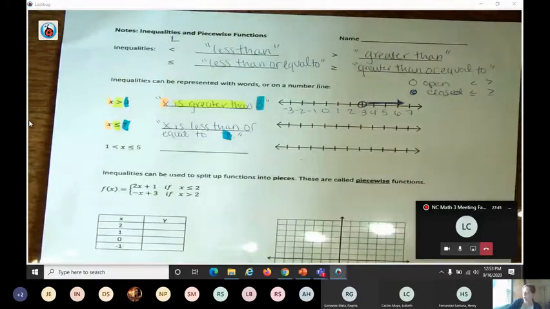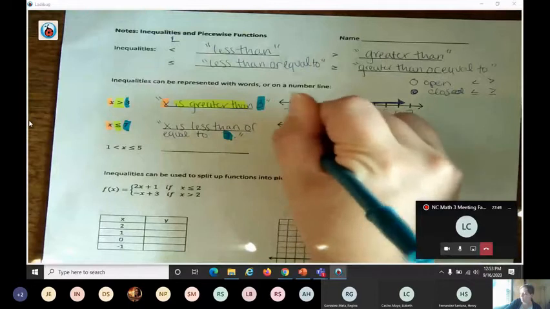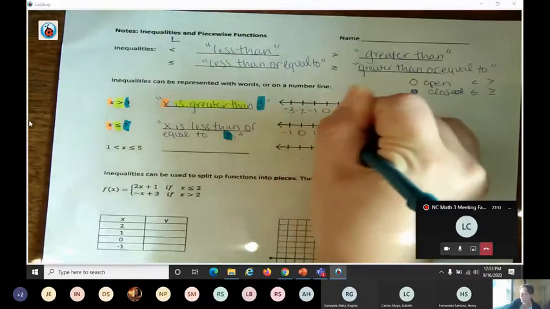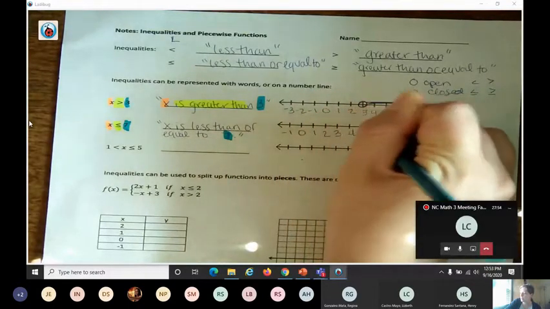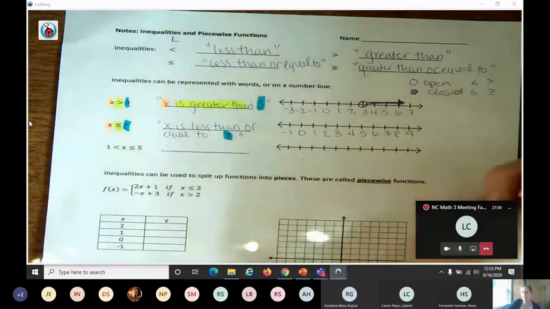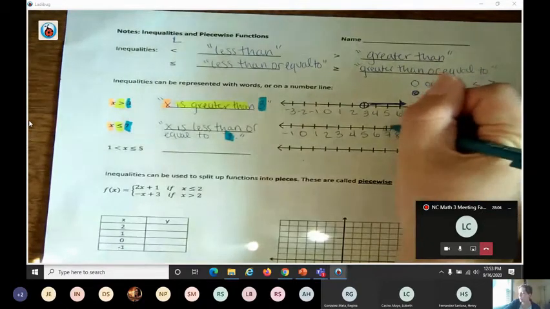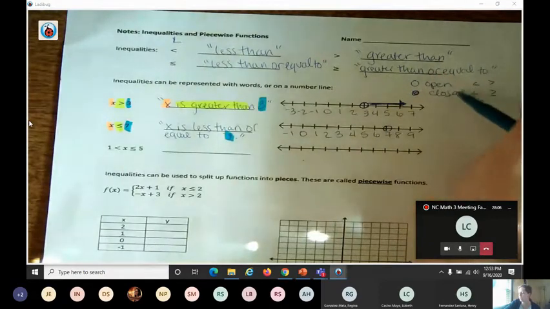I'm going to write out, let's see, how did I do this? So -1, 0, 1, 2, 3, 4, 5, 6, 7, 8, 9. Okay, so my dot is going to go at 7 because that's the only place I have a number. All right, so I need a dot here, and then I have to decide if it's open or closed.